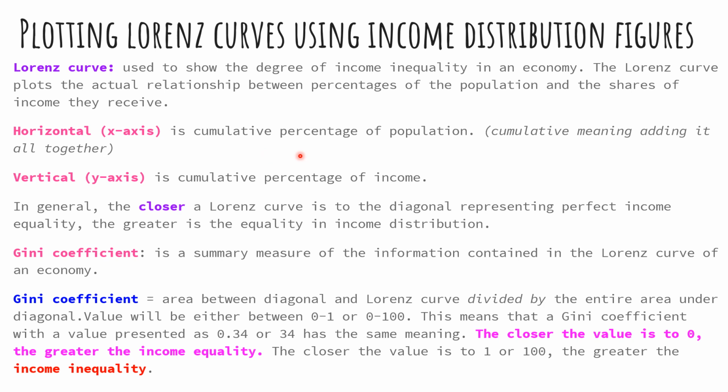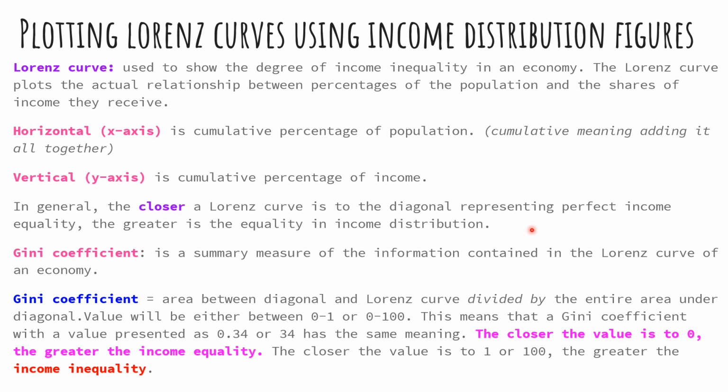Remember, cumulative means adding it all together. And the y-axis, or the vertical, the cumulative percentage of income. So in general, the closer a Lorenz curve is to the diagonal, the straight line representing perfect income equality, the greater is the equality in income distribution.